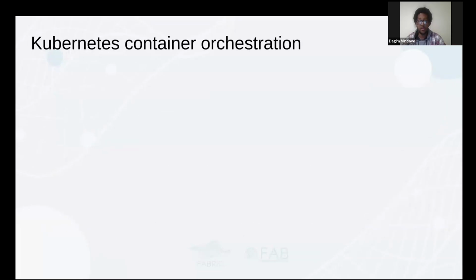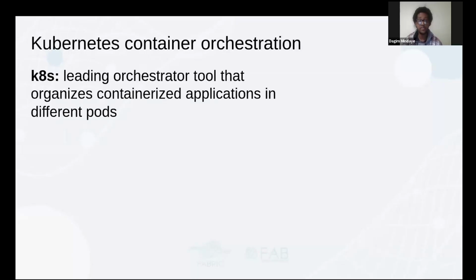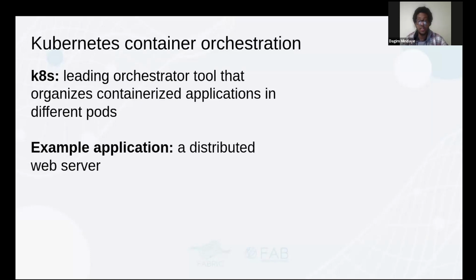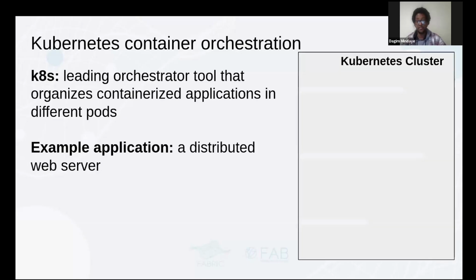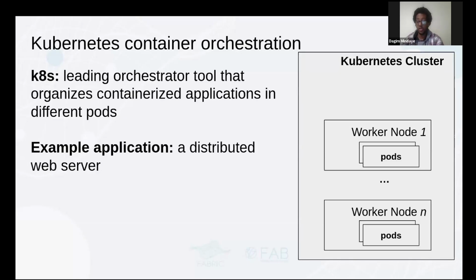So let's have a high level look over Kubernetes. Kubernetes is a leading orchestrator tool that organizes containerized applications in different pods. Let's take a distributed web server, for example. Here we have our Kubernetes cluster, our n number of nodes.